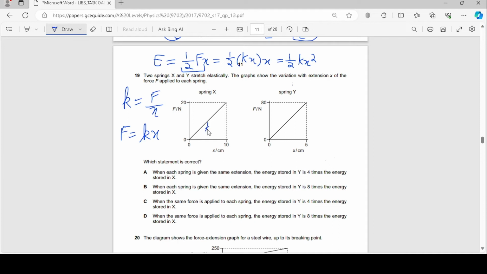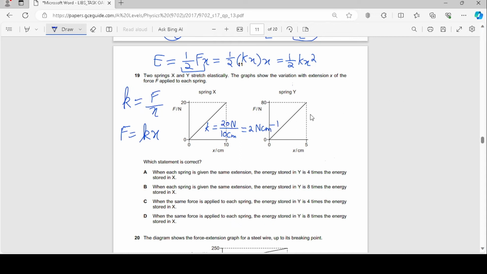So k is equal to F over x. So it's 20 newtons divided by 10 centimeters. So it's 2 newtons per centimeter.